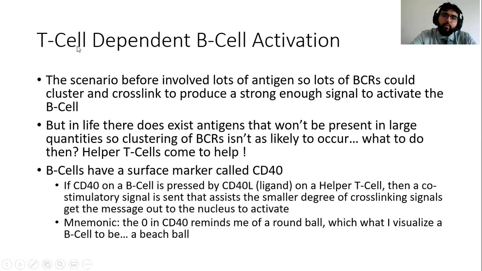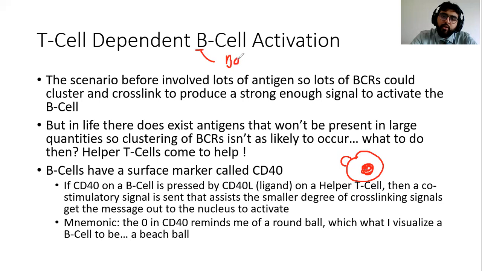And so the B cell has a surface marker called CD40. And again, the CDs are just cluster of differentiation. It's a biomedical term. You don't have to worry too much about how they name them. So this is the B cell, right? It has something called CD40. And the way I like to remember it is that B for B cell reminds me of a ball, right?